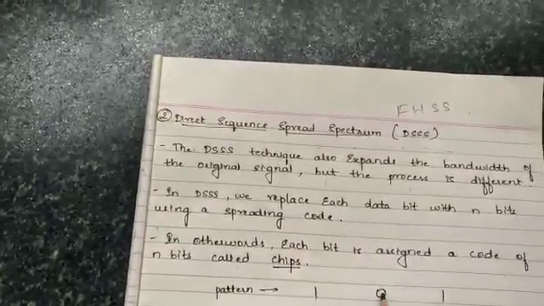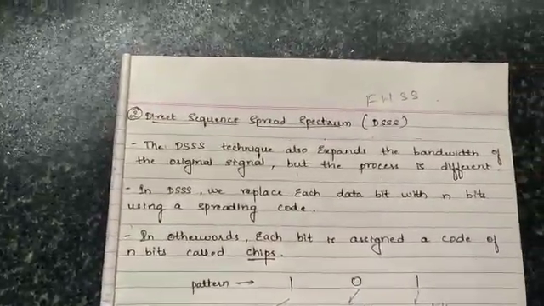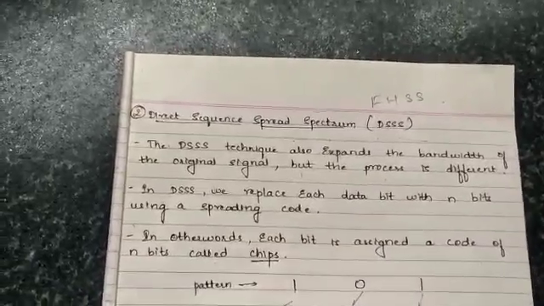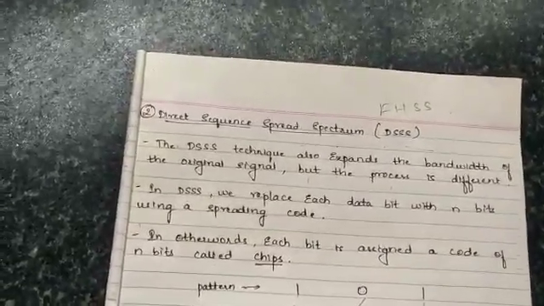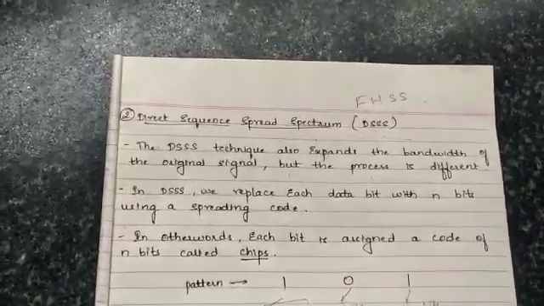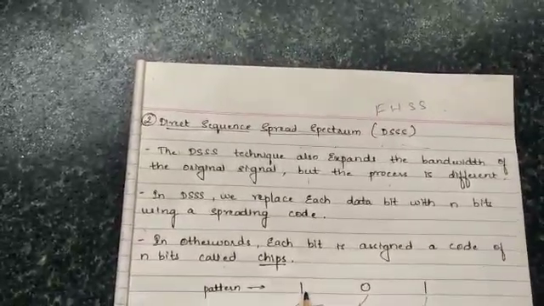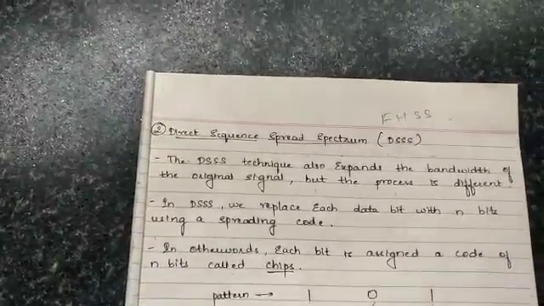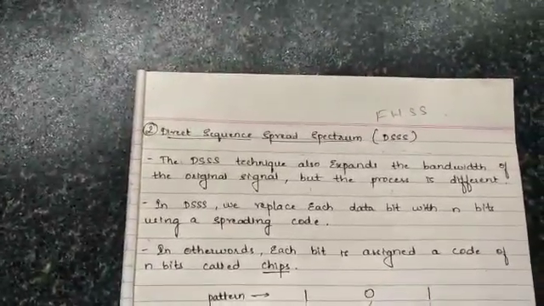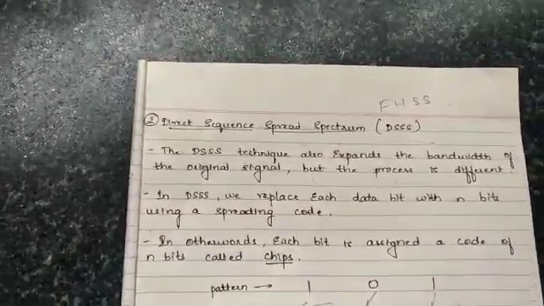So every bit is replaced with n bits, and we first have to decide the pattern of these n bits. In other words, each bit is assigned a code of n bits, which we call chips.